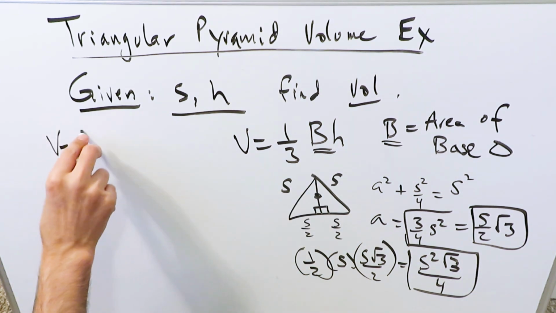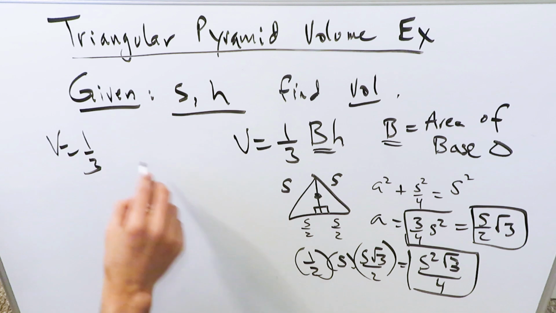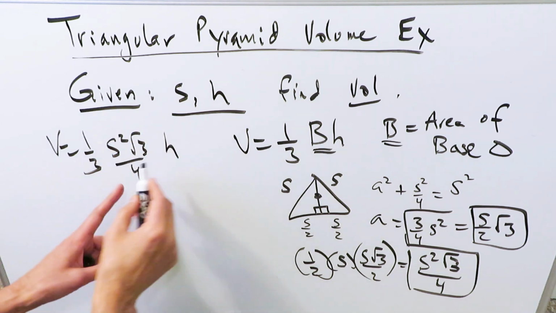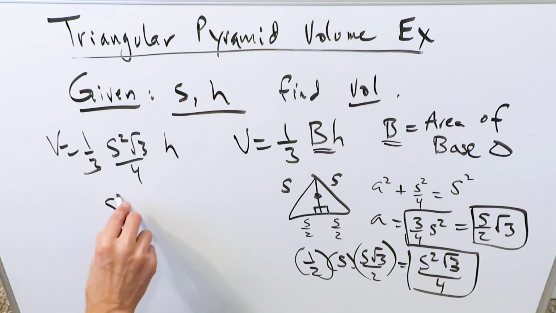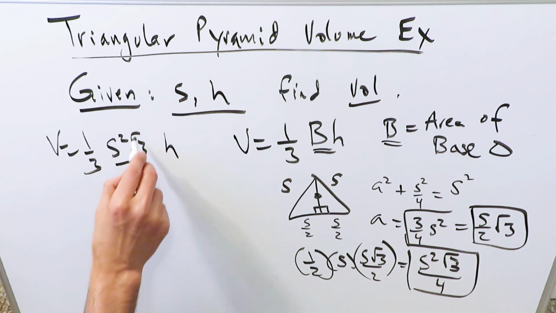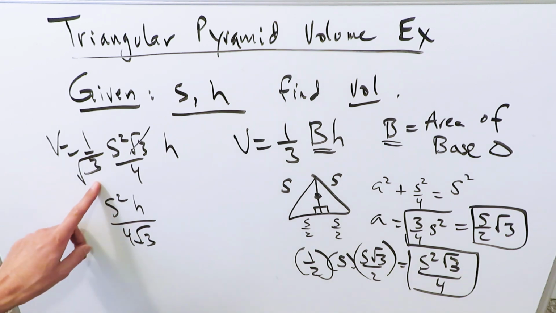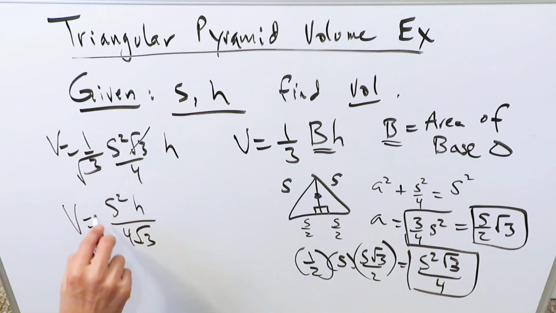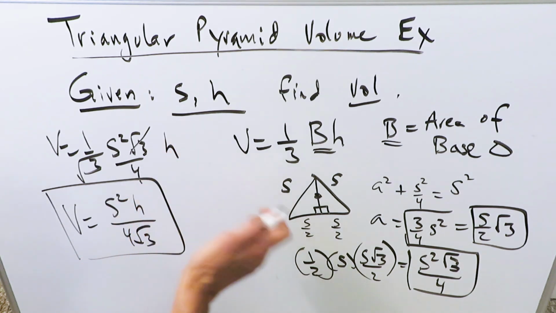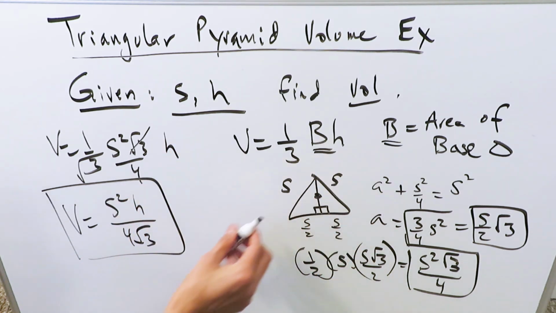The volume is going to be 1 over 3 times that base area, which is S squared root 3 over 4, times height. Bring everything together and simplify. I'll have S squared H over 4 root 3, because this root 3 will simplify with that. My volume is equal to S squared H divided by 4 root 3, where S represents the dimension of the base sides of that triangle.